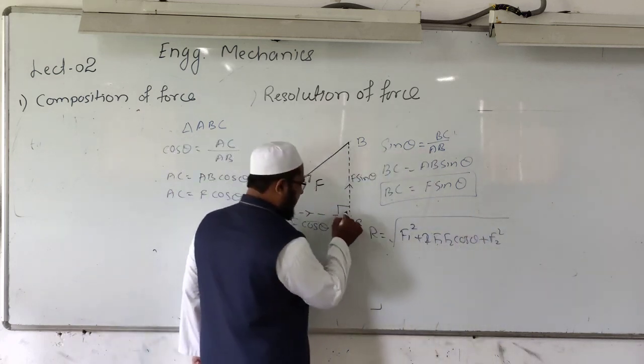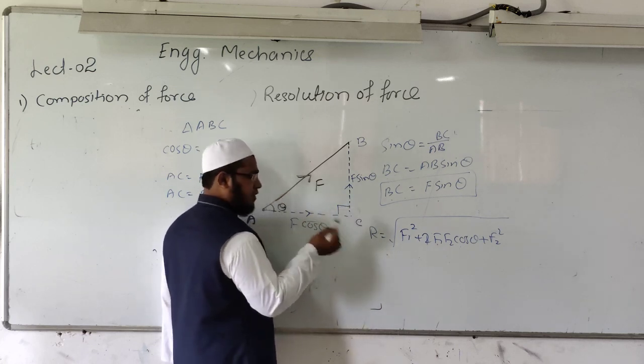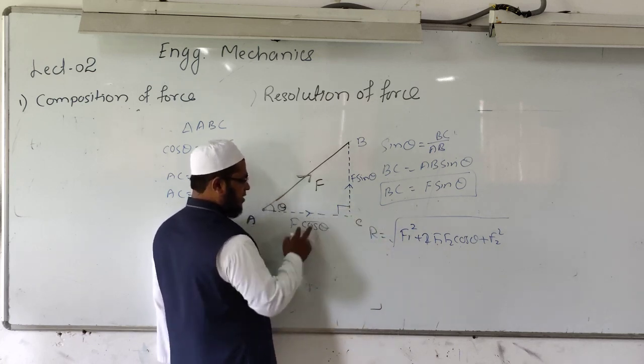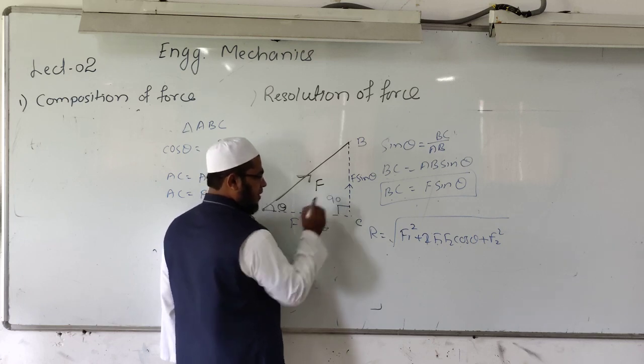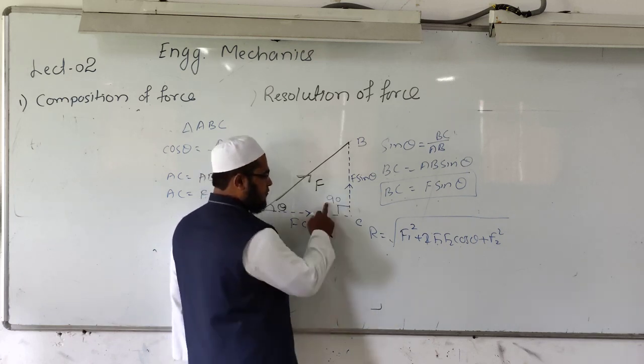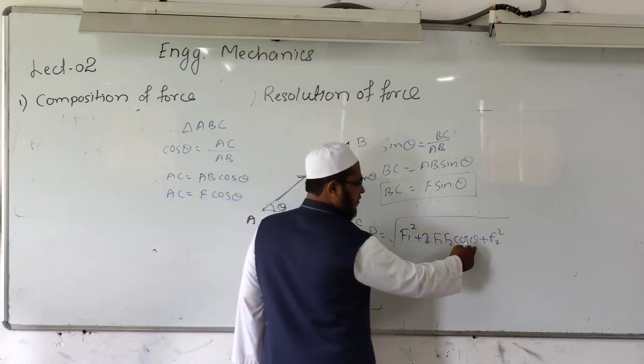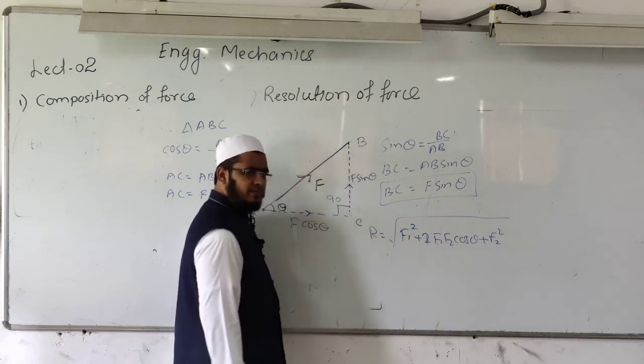Here theta is the angle between the forces F1 and F2. Here for F cos theta and F sin theta the angle is 90 degrees, perpendicular to each other. If you put 90 degrees instead of theta, then cos 90 is 0.